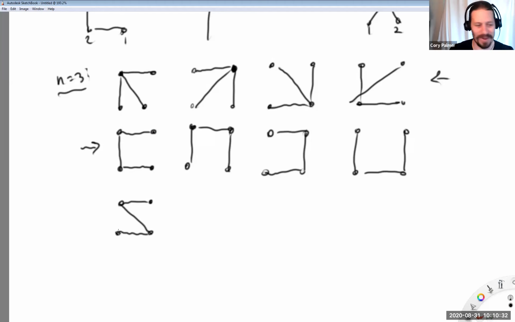But here it's different. 3 is adjacent to 1, 2 is adjacent to 4. It's still different than this one here, okay? And now we can rotate this one here. And finally, okay. And I think that's all of them there.